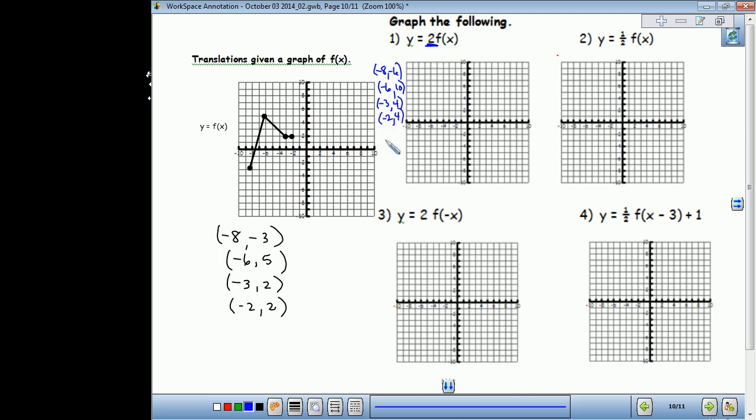So I'm going to double all those y's. I go out to -8, I go down to -6. It's about right there. And then (-6, 6). There it is. And then (-3, 4) and (-2, 4).